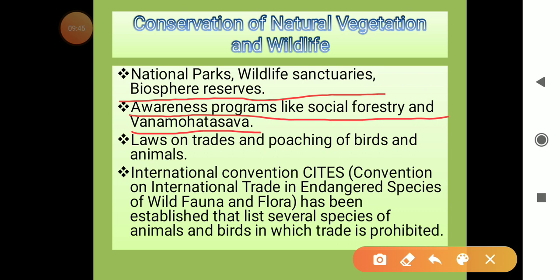Next is laws on trade and poaching of birds and animals. Many countries have passed laws against the trade as well as killings of birds and animals. In India, killing lions, tigers, deer, and peacocks is illegal.